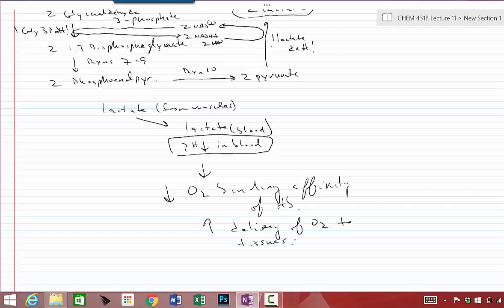And this basically causes us to want to grab more oxygen, and so we get out of breath, and that's why we gasp a little bit. People like me, I gasp after running 100 yards, because I'm trying to breathe in more oxygen because of this effect. So it all fits together with hemoglobin and its affinity for oxygen.